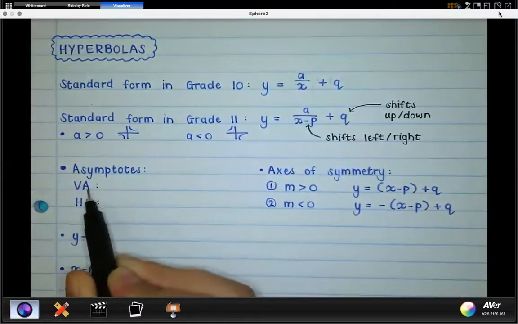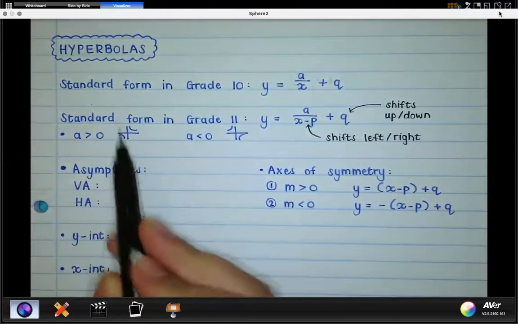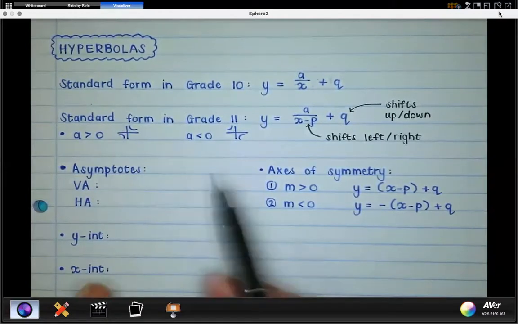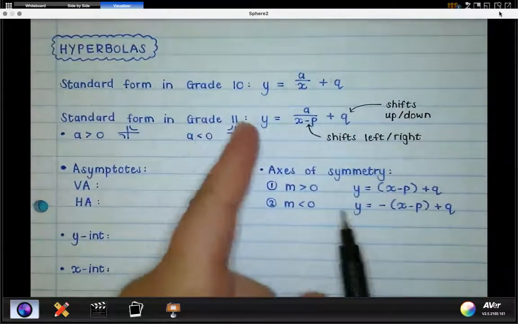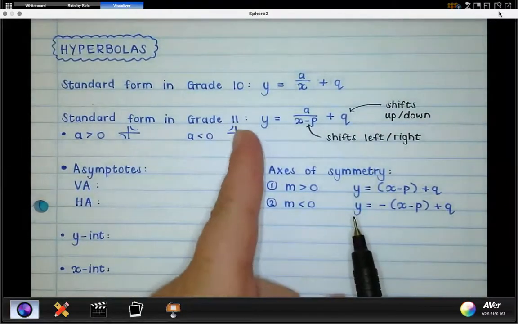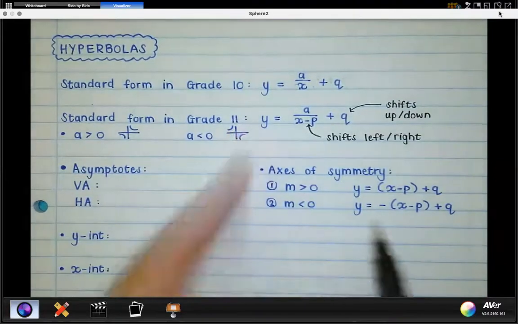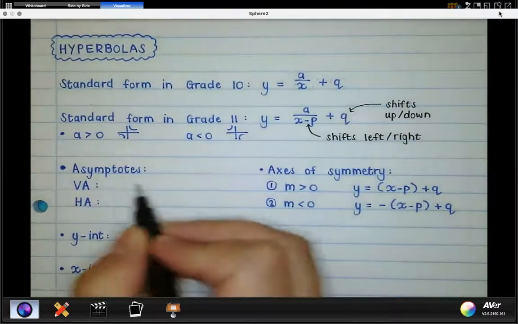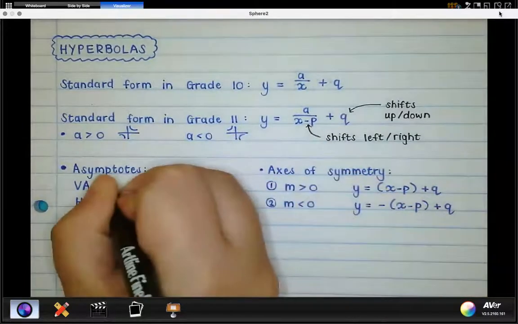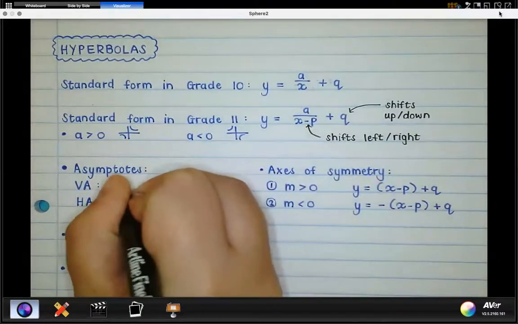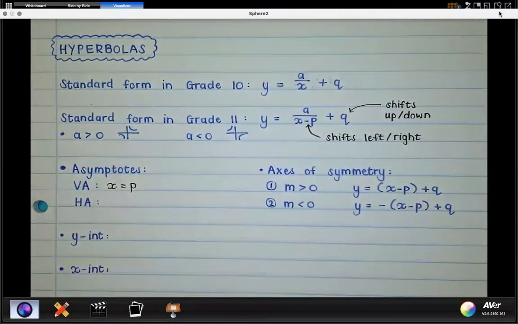Your vertical asymptote was always the y-axis. But now in grade 11, because our graph is also shifting to the left or the right, the vertical asymptote is not always going to be the y-axis. It can actually be another vertical line. So our vertical asymptote is now given by the denominator. The vertical asymptote is always x equals p.